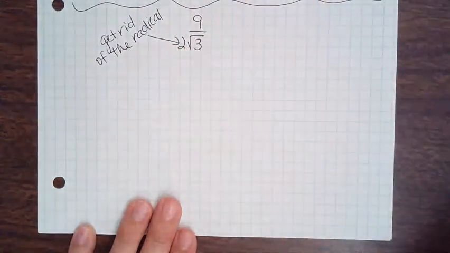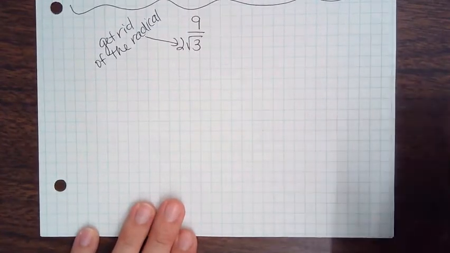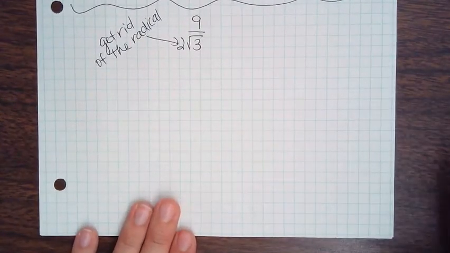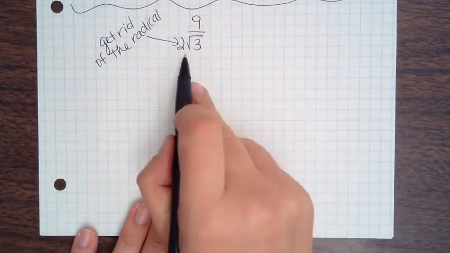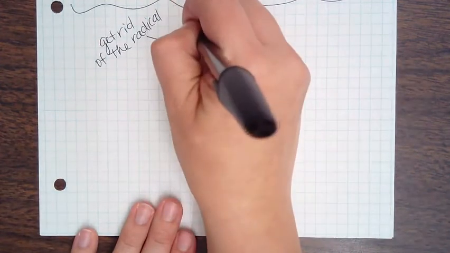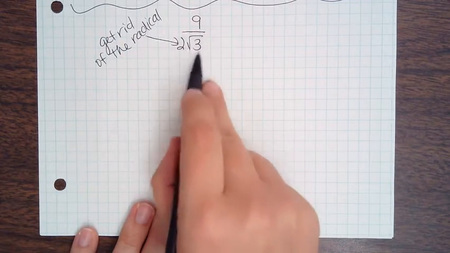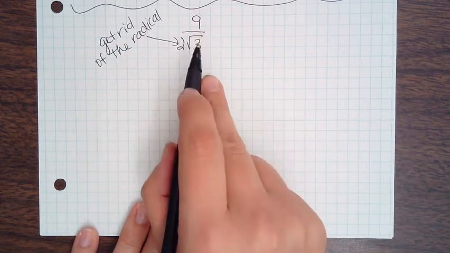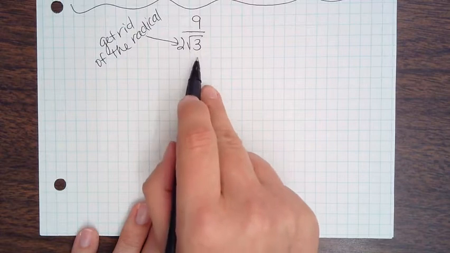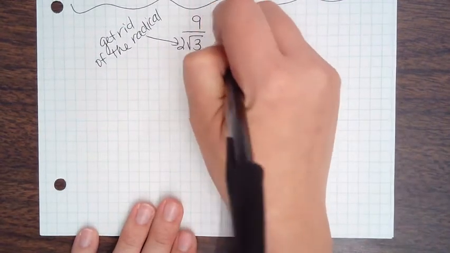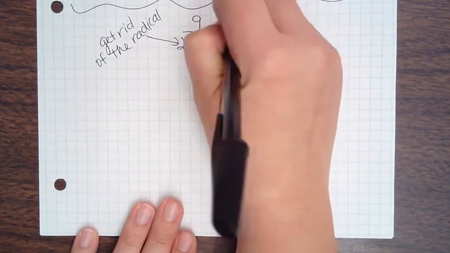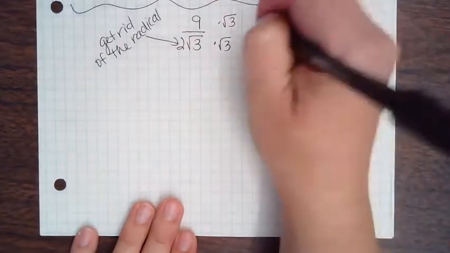A number can be there, but rationalizing the denominator is still the same regardless. So just because there's a 2 down there doesn't mean I do anything differently than if there was just a root 3. I need to get rid of that root 3, and so to get rid of the root 3, I multiply the top and the bottom by what I want to get rid of.